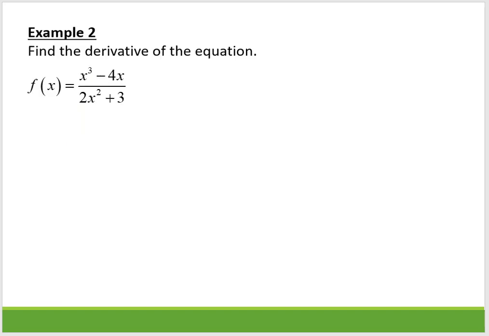Okay, so now this example. And again, I would recommend if you have your top function, label it and take the derivative. Take the derivative of the bottom function. And now set up your derivative.